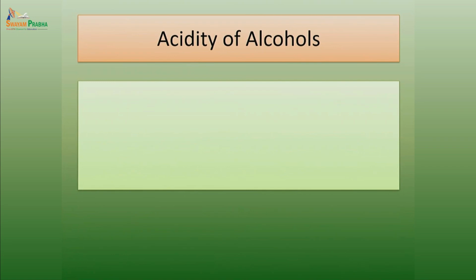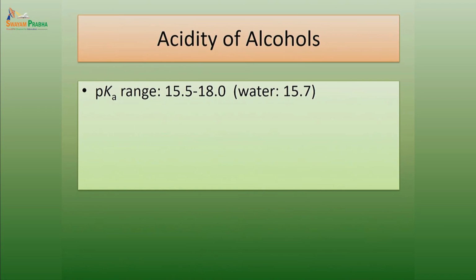And if we look at the acidity of alcohols, the pKa ranges from 15 to 18. That is, they are very close to neutral. Water's pKa is 15.7, and alcohols also have a pKa very close to water. So that is the reason alcohols are mainly neutral.